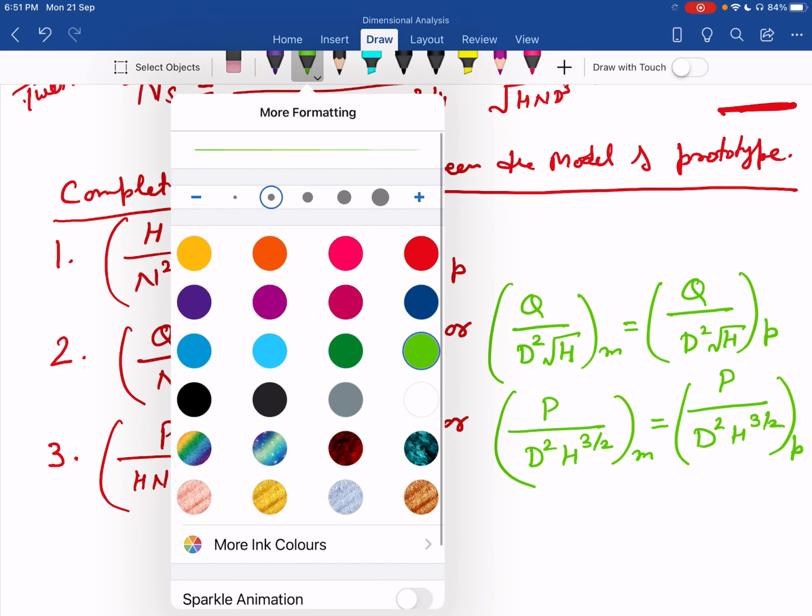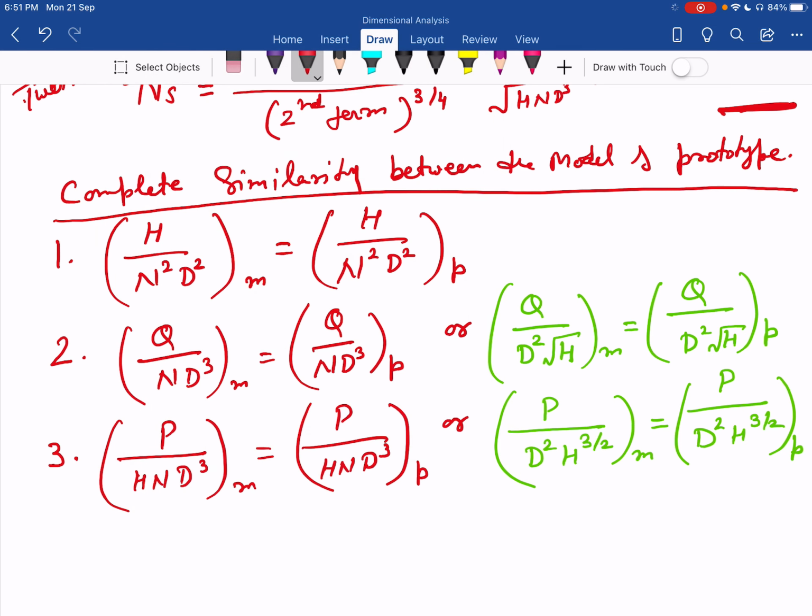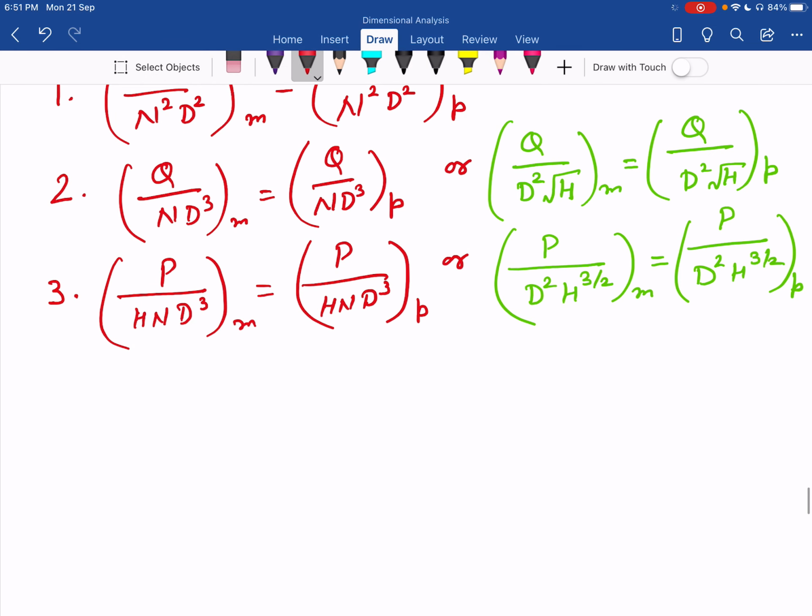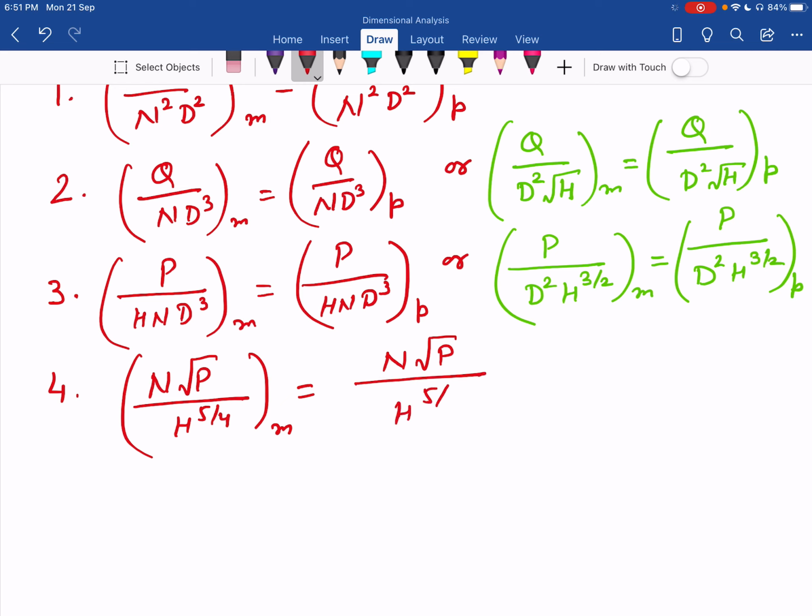And my fourth equation, that is the specific speed. I write the fourth equation as n under root of p divided by h raised to power 5 by 4 for model equal to n under root of p divided by h raised to power 5 by 4 for prototype.